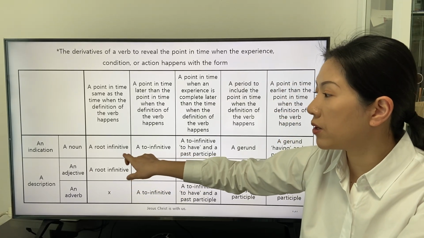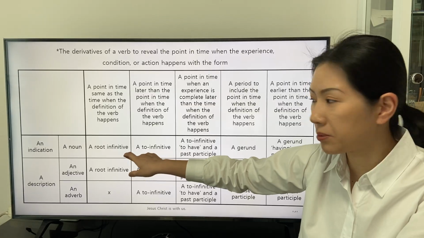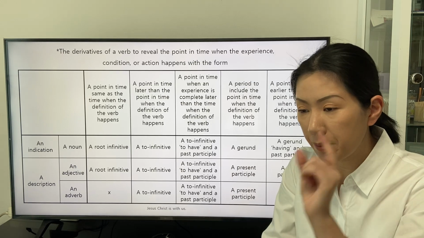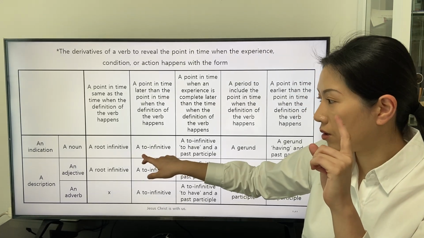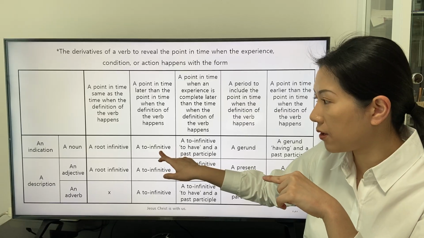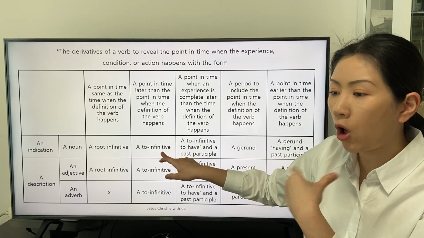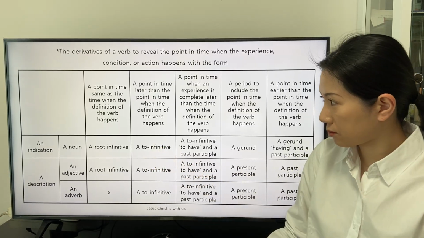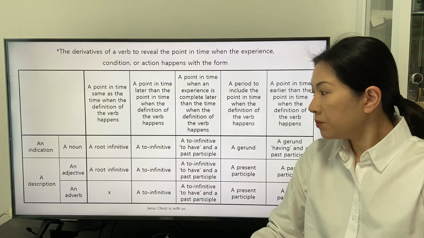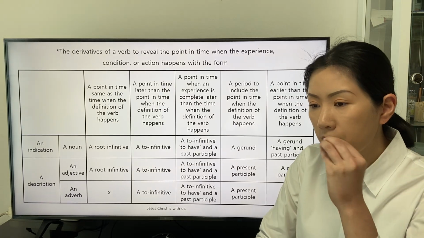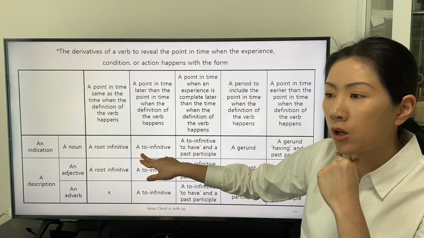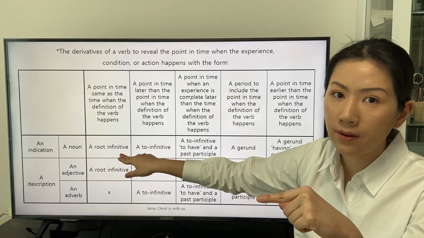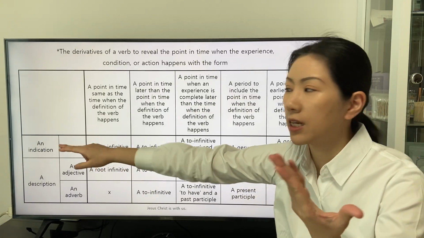The root infinitive as an indication is applied in the combination of the preposition to and the root infinitive, which is called a to infinitive. We can say that the object of the preposition to in the to infinitive is identified as the root infinitive as an indication.